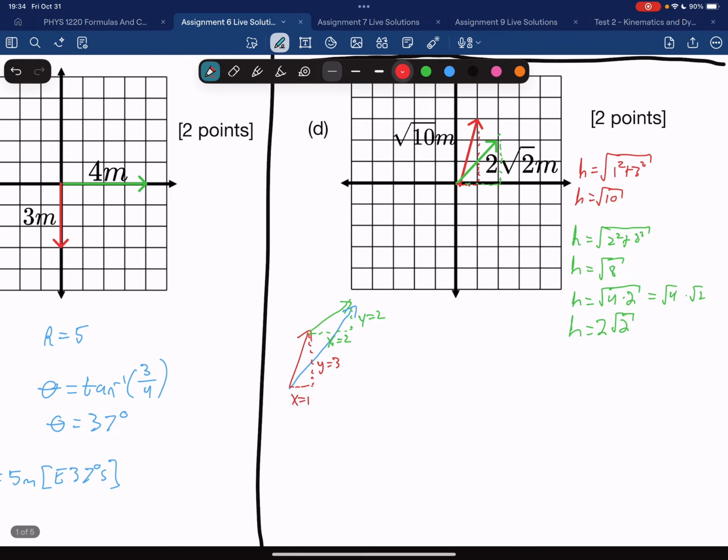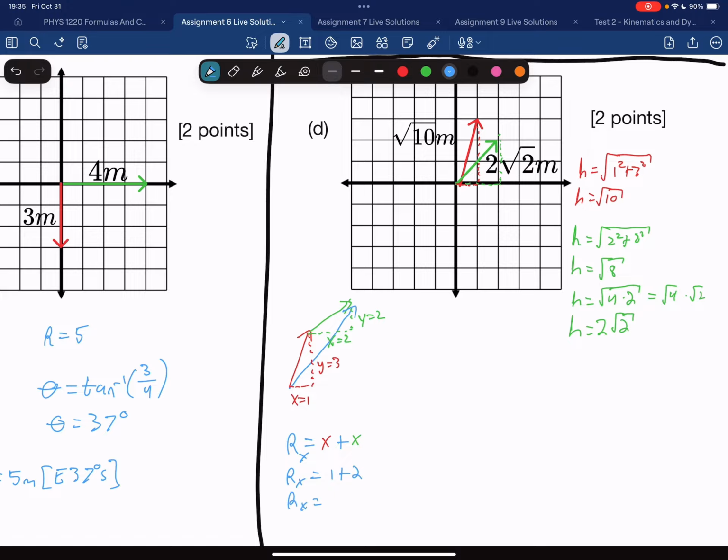But back to the resultant. The resultant, of course, is just going to be the components of the 2 other vectors added together. So for Rx, I'm going to have the red x plus the green x, which is going to be 1 plus 2.